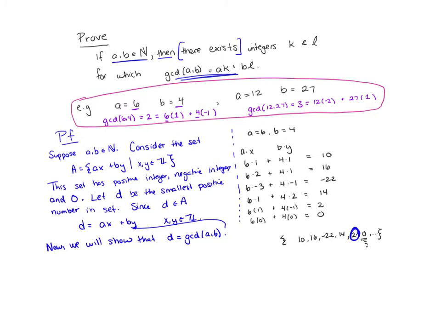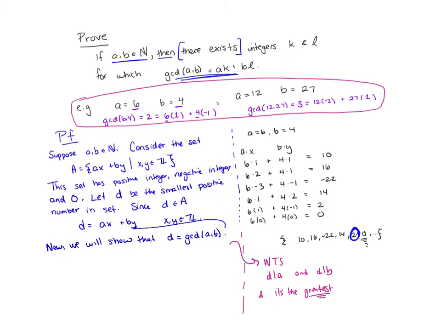Well, first I need to show that it's a divisor. So I need to show, we'll do a little scratch work over here, that D divides A, that it's a divisor of A, and D divides B, and it's the greatest number that divides each of those. It's the greatest of those divisors.